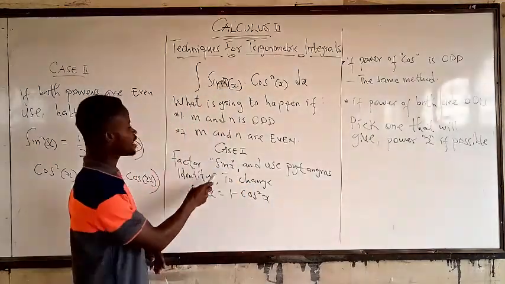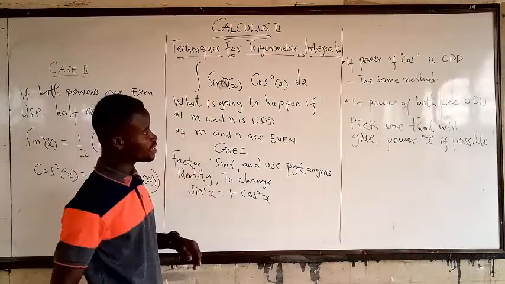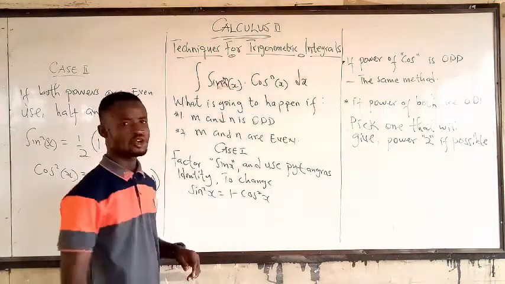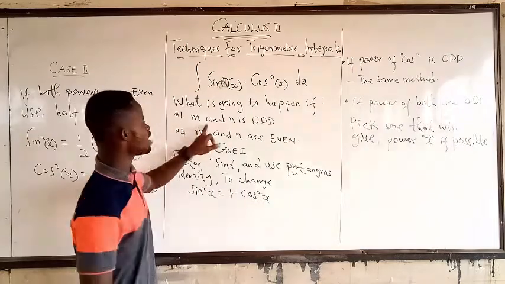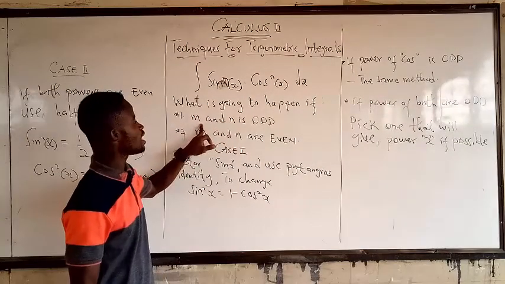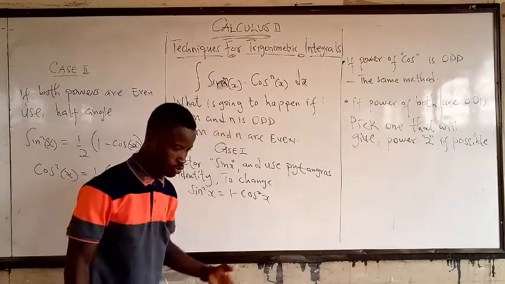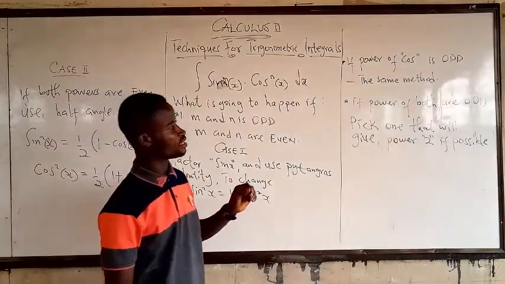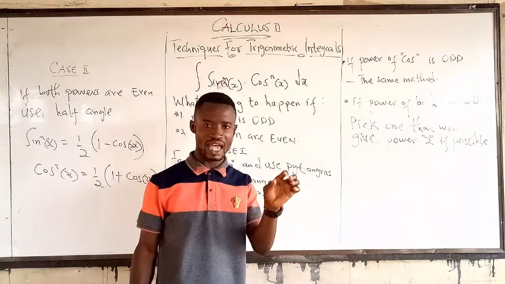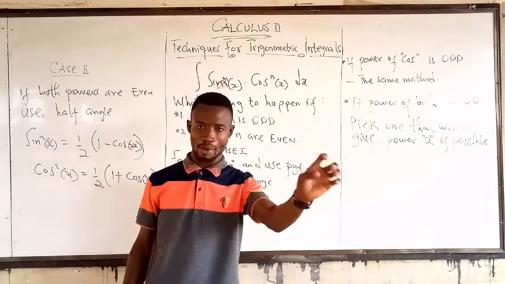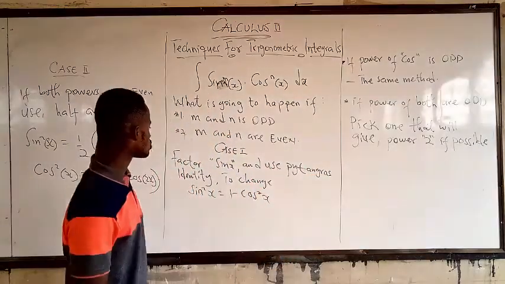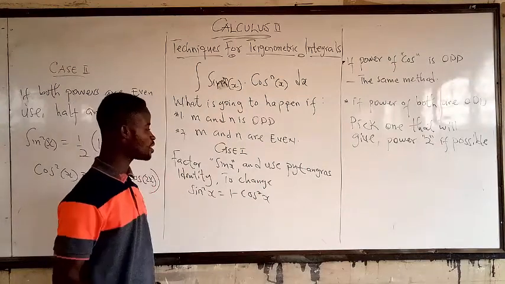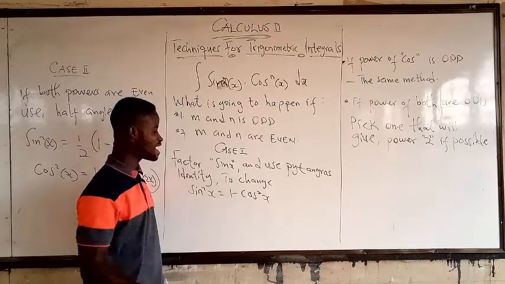But what we are looking at in case 1 here is that we can have the case whereby m and n are odd. And we can also get a case whereby one is odd and one is even, the powers. So when it's something like that, you factor sine out.